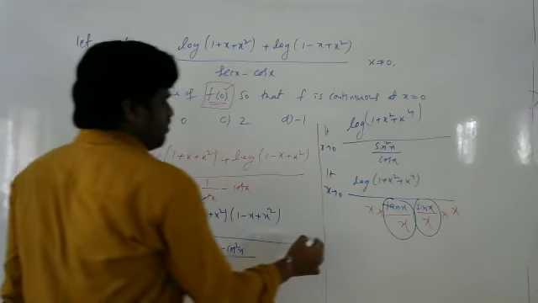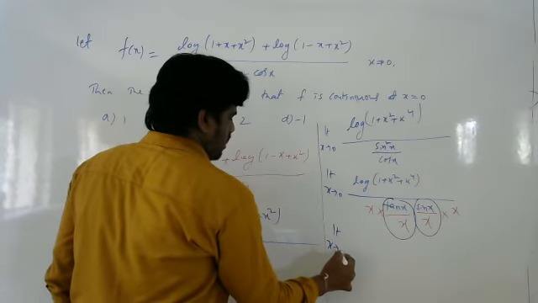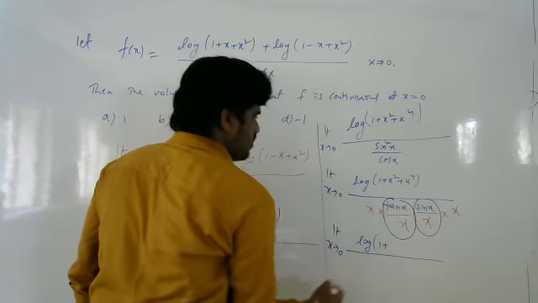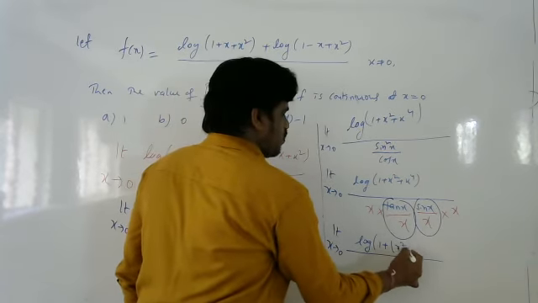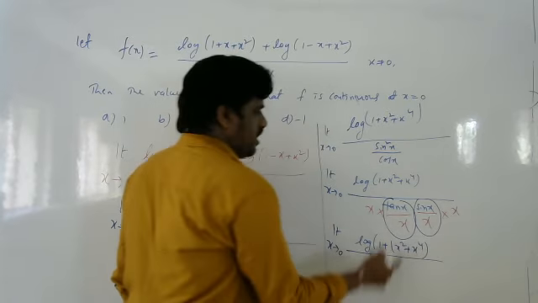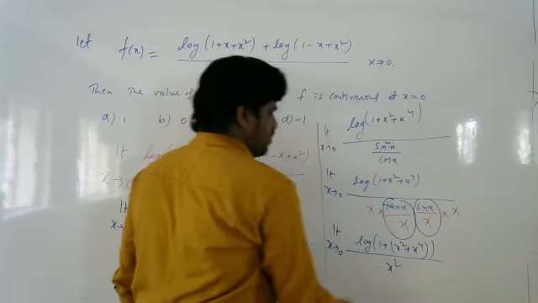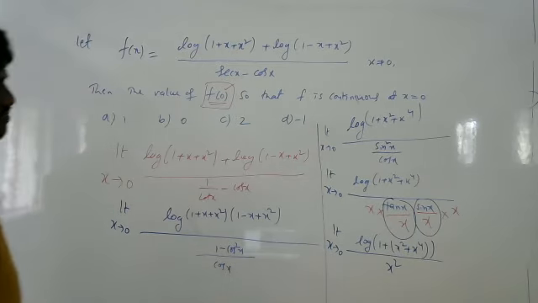So what I get here, limit x tending to 0, log 1 plus x square plus x power 4 divided by x into x is x square. चलो x square है.